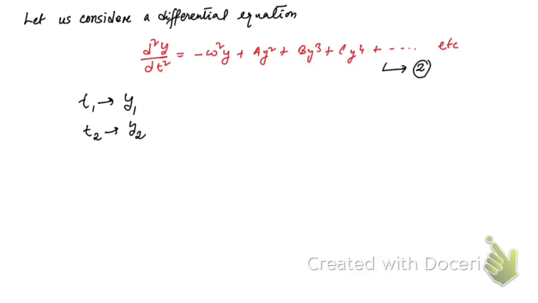Then if these two are superimposed, the resultant displacement y must be y1 plus y2, and this must also be a solution of this equation. To satisfy this condition, it must be linear homogeneous. So we are going to show that.